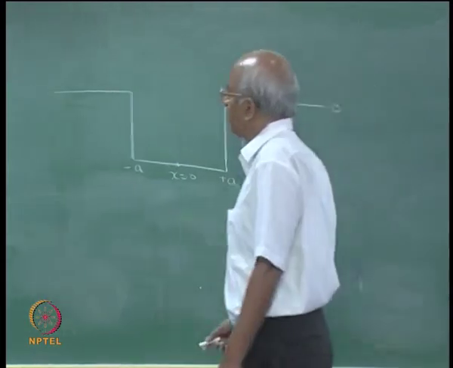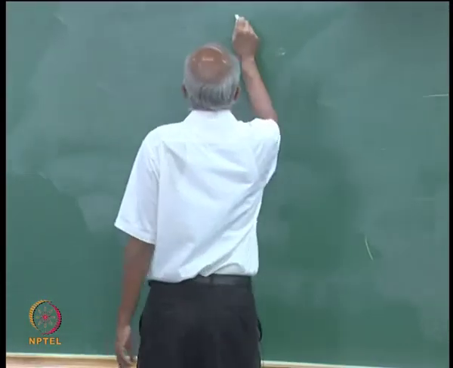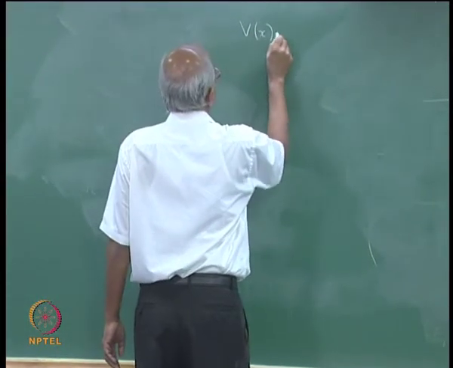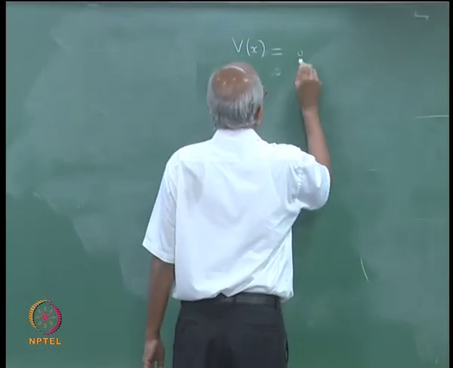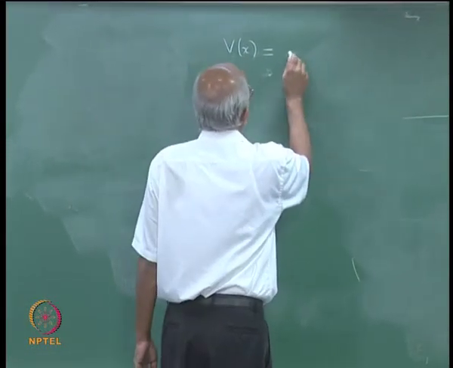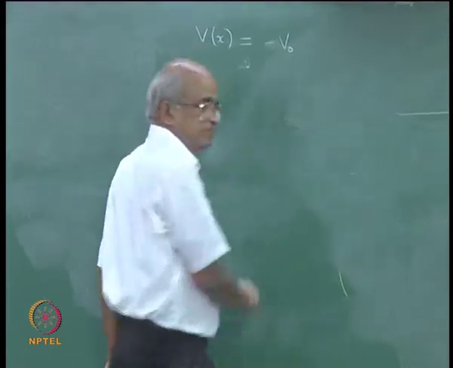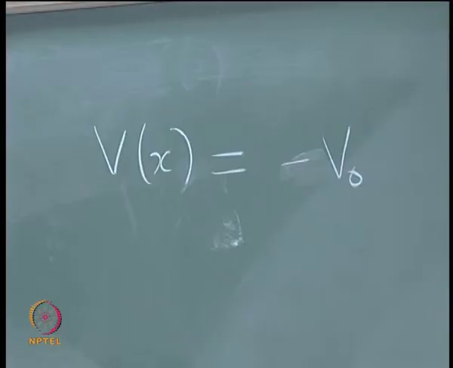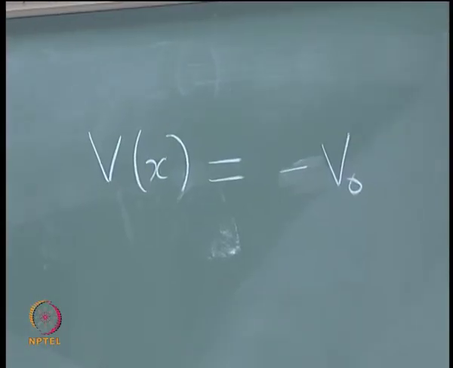So, let me now define the potential energy of the system. V of x, how will you define it? It is equal to minus V0, right. V0 is assumed to be positive, right.